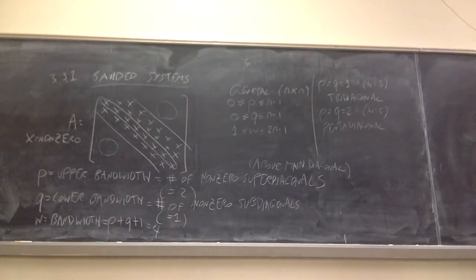And we'll see that toward the very end of the semester when we cover boundary value problems that a tridiagonal matrix is going to come up. Now, banded systems are quite interesting from a point of view of Gaussian elimination. So what I'm going to do now is examine that process of Gaussian elimination as applied to a banded matrix.